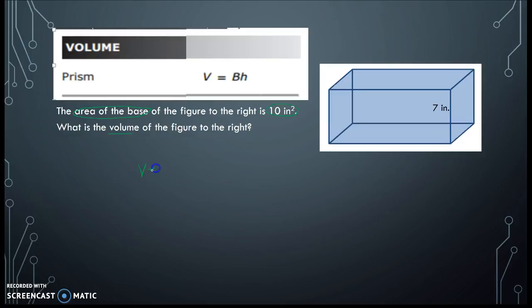So volume equals big B times height, okay? Again, every time off to the right, we're going to write area of the base. And most of the time we're going to do a calculation. Here again, it's given it. They told us it's 10 inches squared. All right. So I'm going to take that 10 and I'm going to plug it in over here for big B, or area of the base.